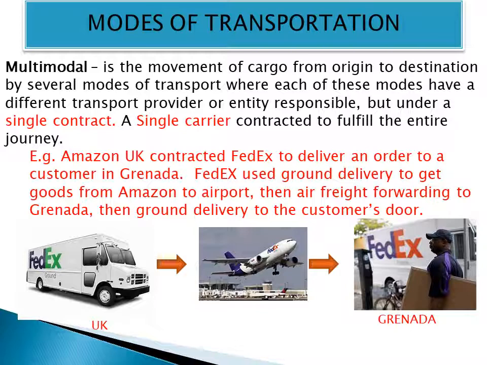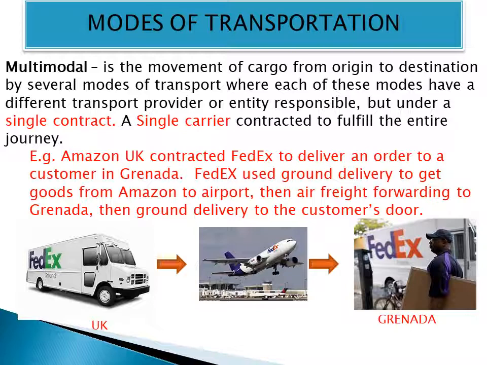And of course, it's not just one order that is being sent. So if Amazon has, let's say, 200 orders outbound for Grenada, then they're going to hire the service of the company because FedEx has their distribution points in many countries, so that is a very good company to use. So they will give the contract to FedEx.